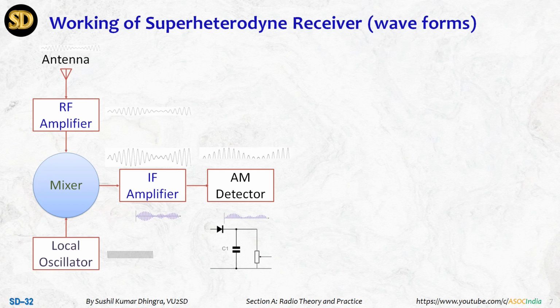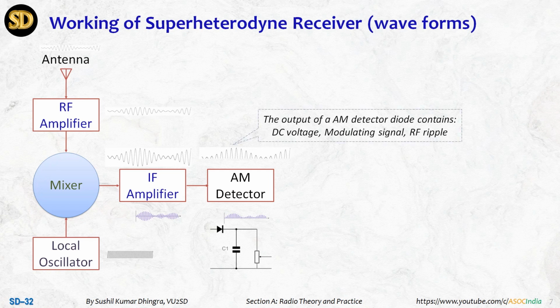Now what happened? Next is C1, a capacitor. What will the capacitor do? It will fill the gaps between the modulated waves. As a result, this high frequency, the IF frequency, becomes low frequency. But here I want to update you.